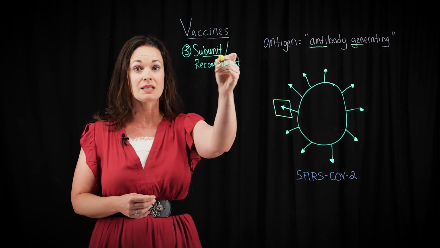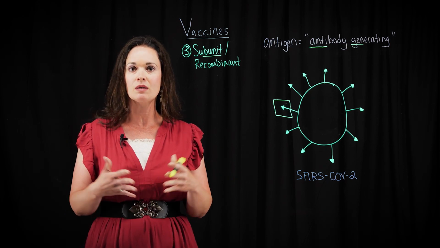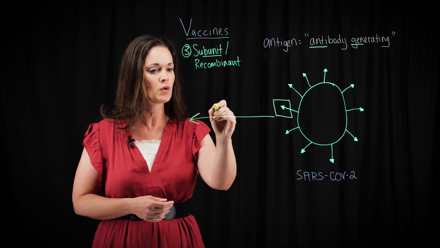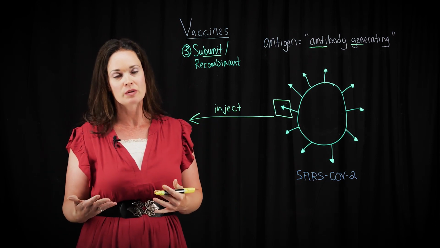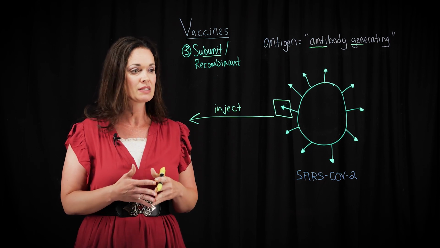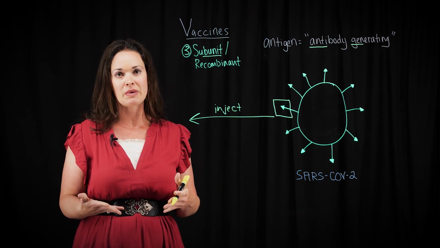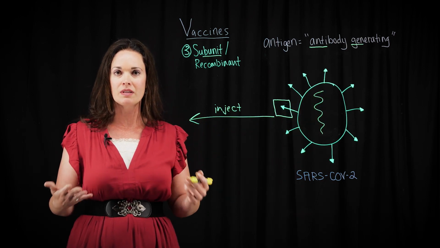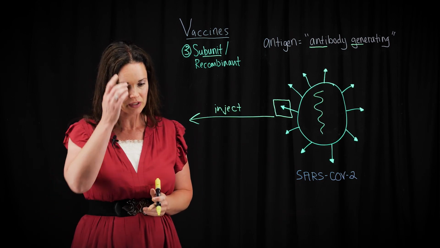So just a subunit of that microorganism, and specifically, we're going to get the part that's antigenic, and we're introducing a whole bunch of just that antigenic part into your body. One of the benefits of these is it does trigger a strong immune response, and there is no chance of it actually giving you the disease that it's meant to prevent, because, again, we're not including all of the stuff in the vaccine that is necessary for the virus to be able to reproduce.